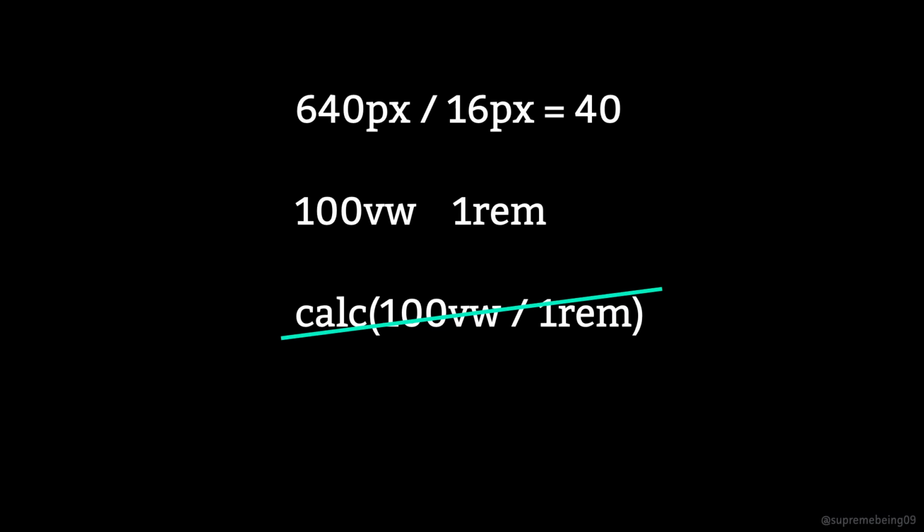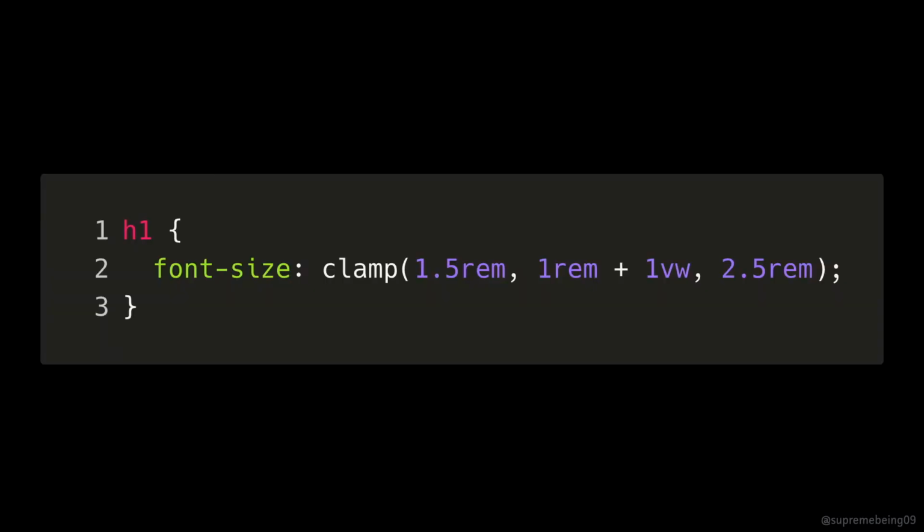I did find a solution though, and I'm very excited to show you my solution in a minute. But before I do this, I want to point out that something like this could maybe give you a good solution for the problem as well. The min, max, and clamp functions are quite well supported in all major browsers right now. And you could say something here.